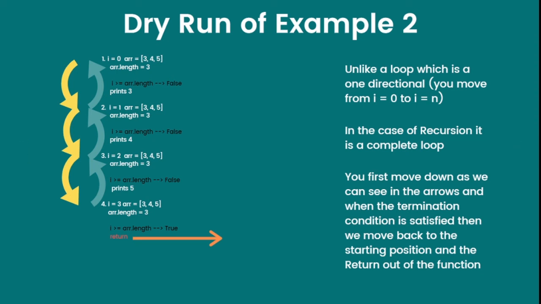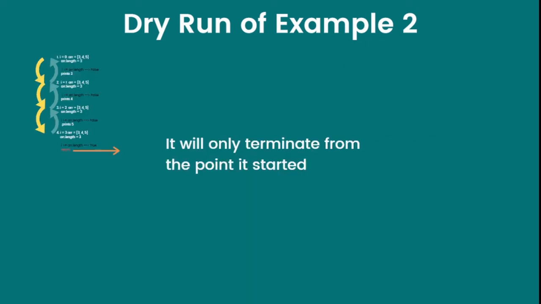When the termination condition is satisfied, then we move back to the starting position, and when we have reached the starting position, then we return out of the function. So it only terminates from the point it started. And this is a very powerful concept that a lot of people don't understand. But if you understand it, it will make recursion so easy, so clear, and it will make you understand how to solve problems recursively and also think recursively.